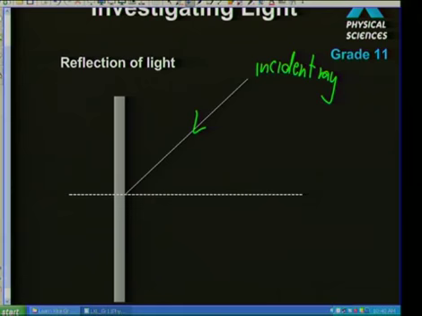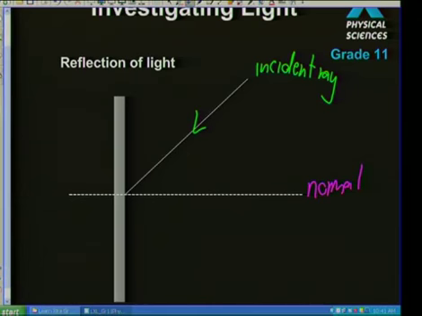Now, what's this dotted line? The dotted line that I drew in before on the slide is called the normal. And a normal is an imaginary line that is at 90 degrees, perpendicular, in other words, to the surface, at right angles to the surface. Okay, got it. So, what happens?